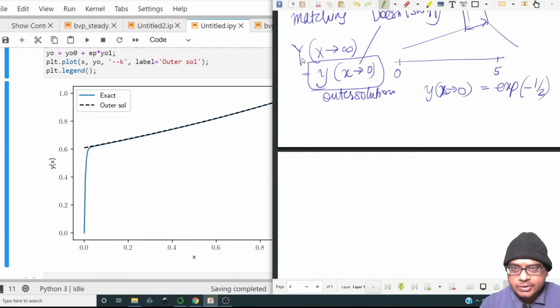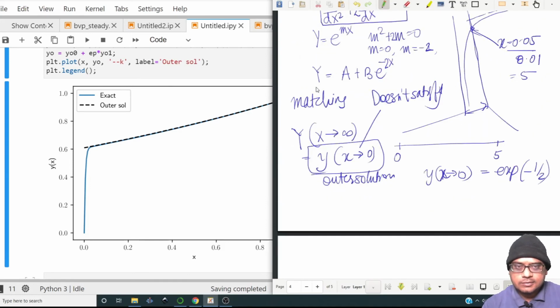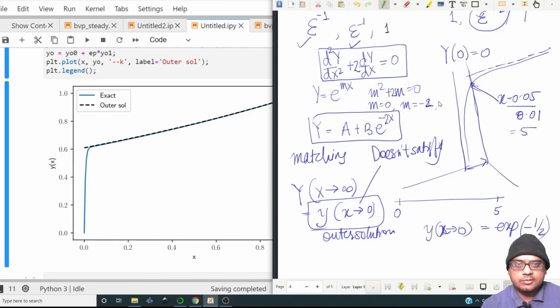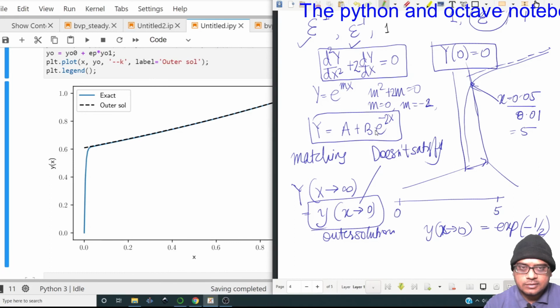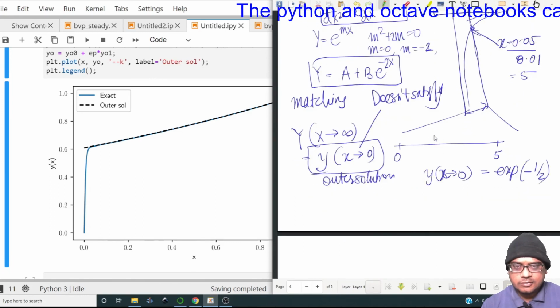Alright, so capital Y, this is the solution, and the first boundary condition is this. So Y at 0 equals 0, so obviously, sorry, A plus B will be equal to 0, not A equal to 0.